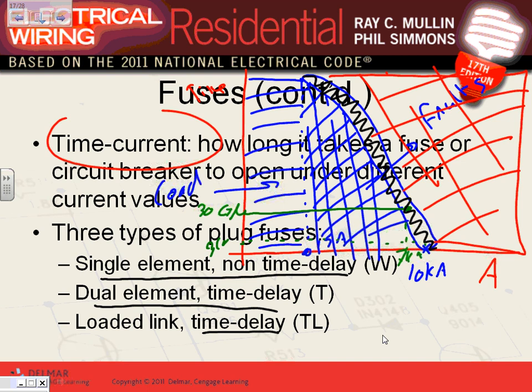So you give the curve enough room. If you move this curve up, it allows the motor to start. That's why a time delay fuse injects some delay before the fuse will open.